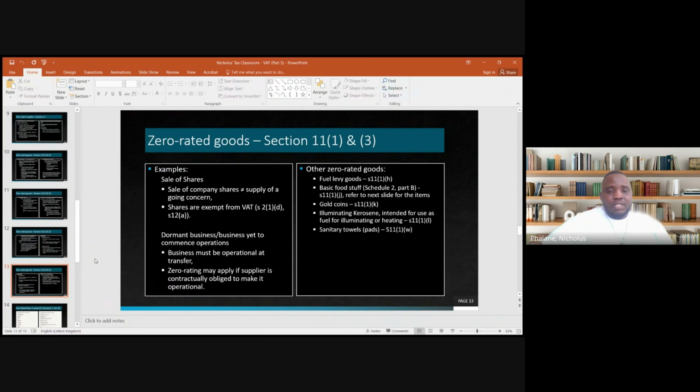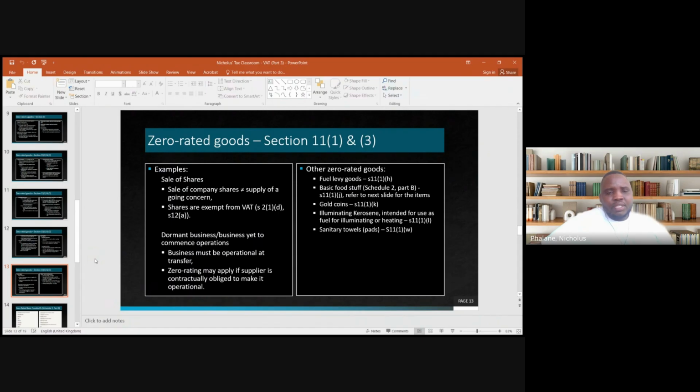So you would have seen when we got to Section 2(1)(d), we spoke about the issue, the allotment, and what is the other term? So it was the issue and allotment of security items, which for example are shares, right?